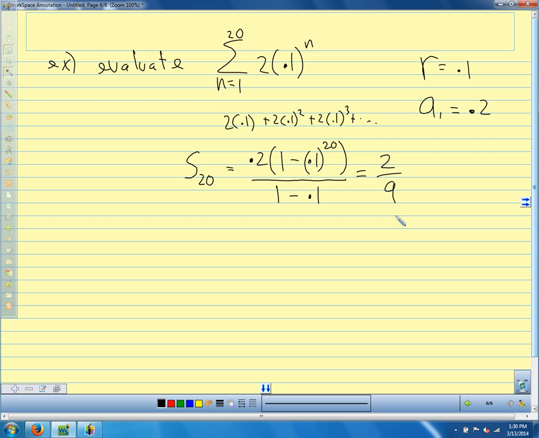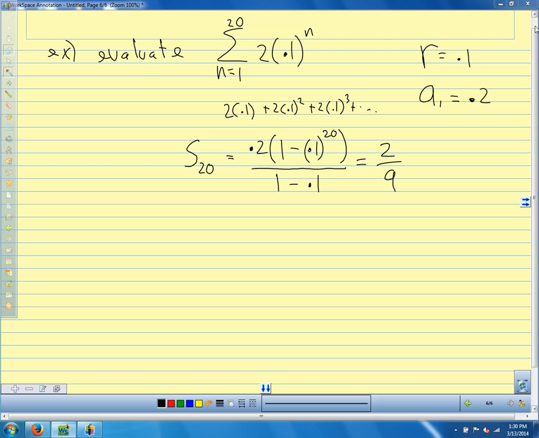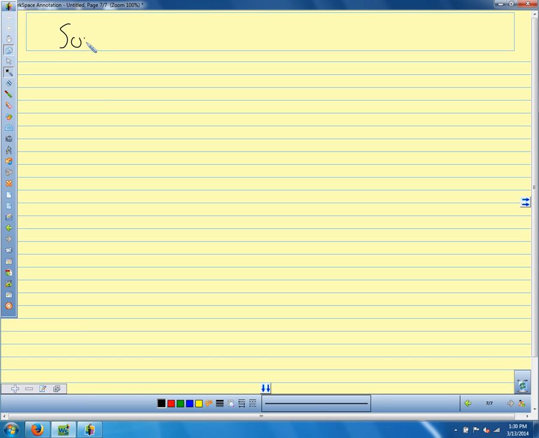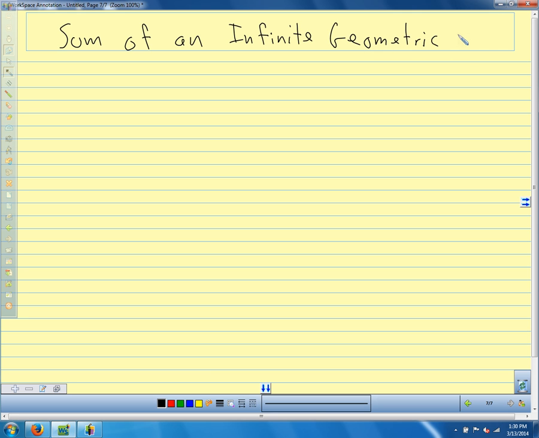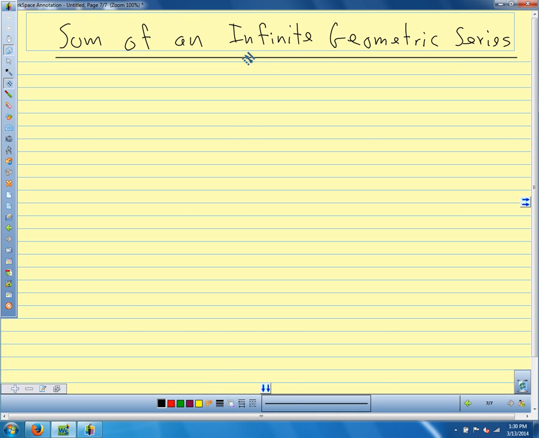All right. Now let's talk about the last thing we need to talk about, the sum of an infinite geometric series. So let's look at our sum formula again.